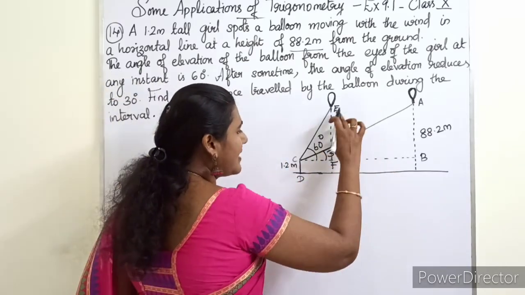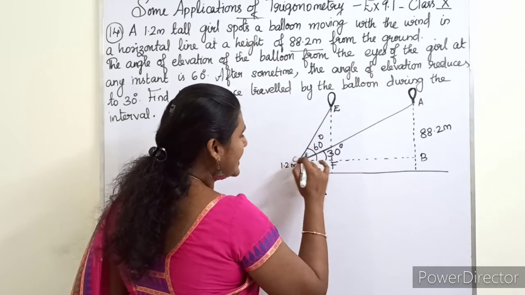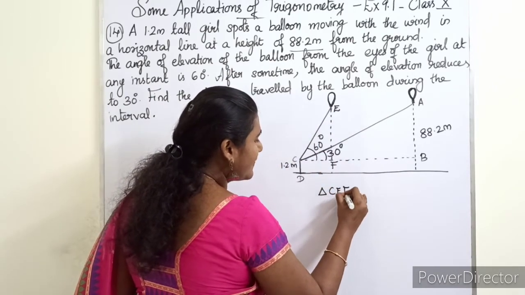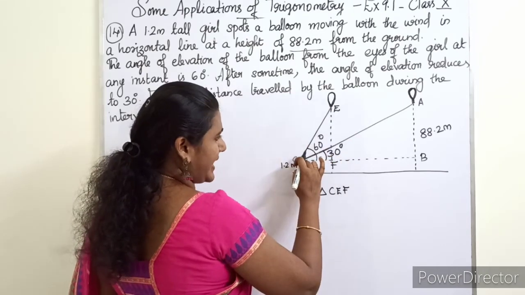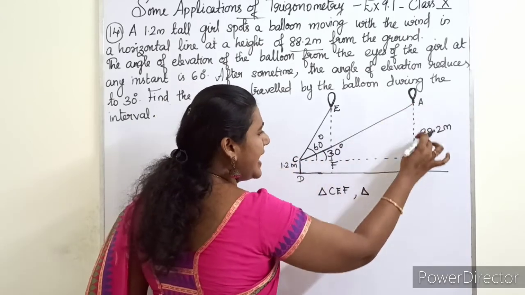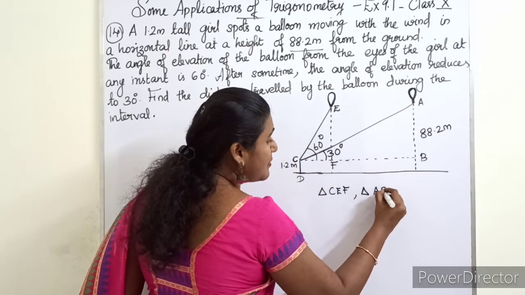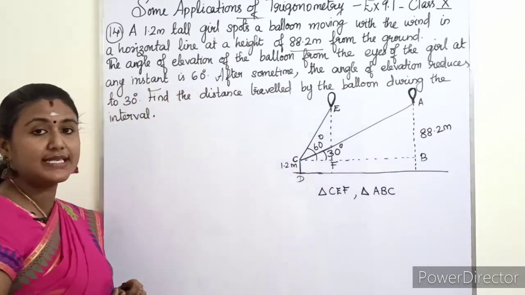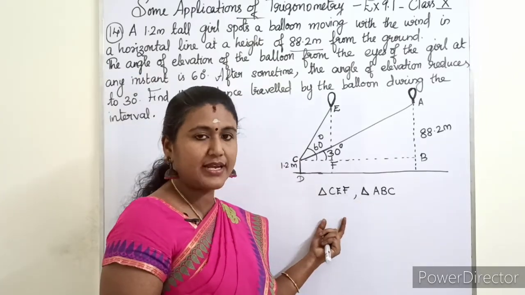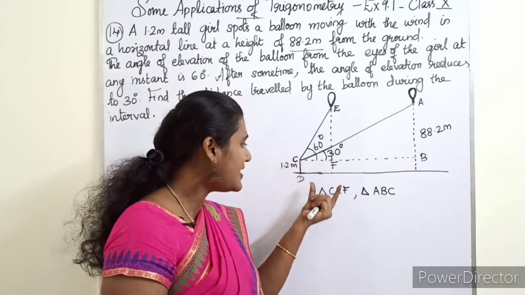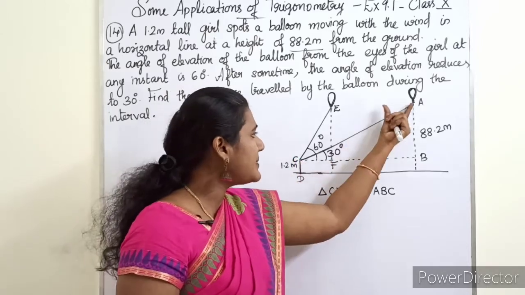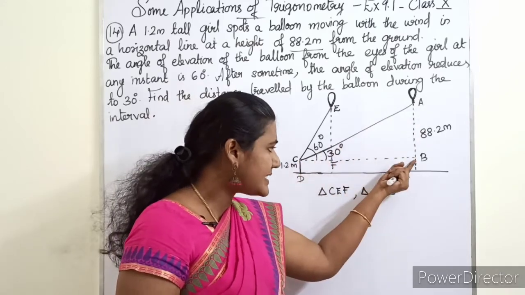For that we will consider two triangles. What are the two right angled triangles? Here we have triangle CEF, which is one right angled triangle, and another right angled triangle is ABC. In these two triangles we will apply the trigonometric ratio. From the first triangle we will find the CF value, and from the second triangle we will get the BC value.